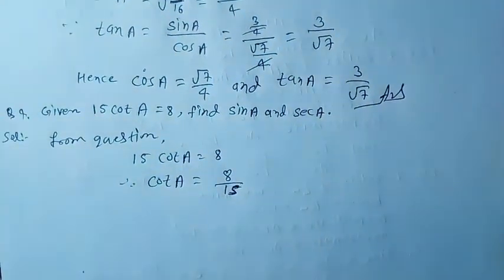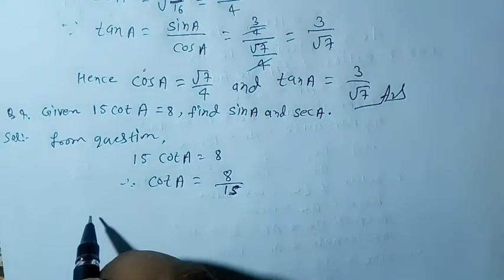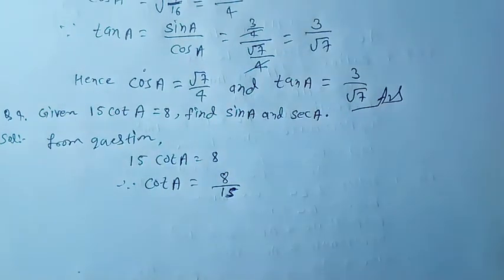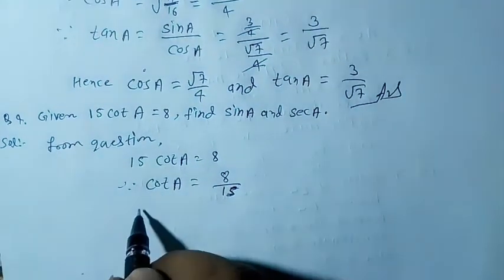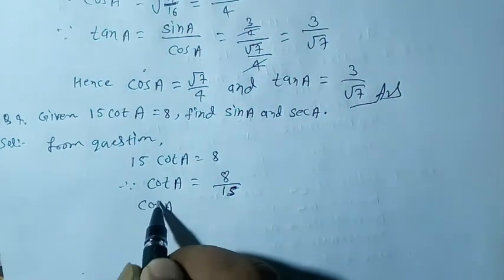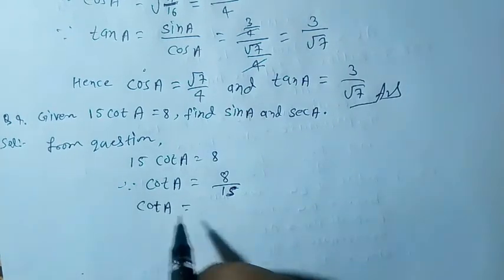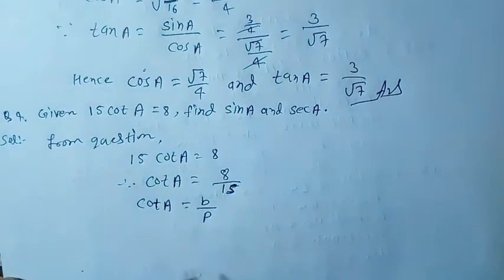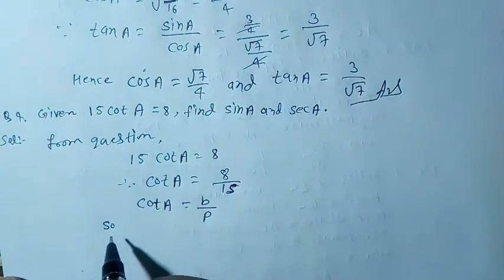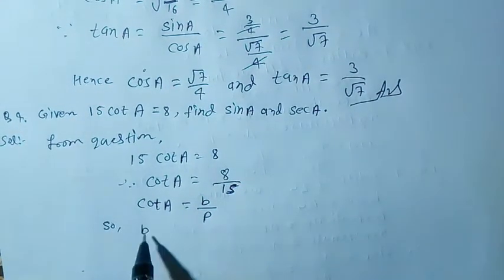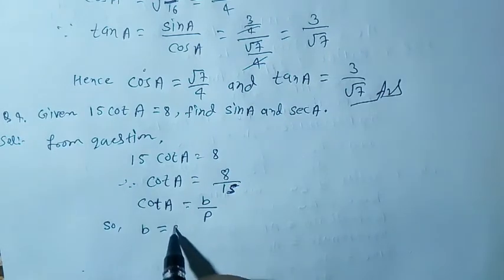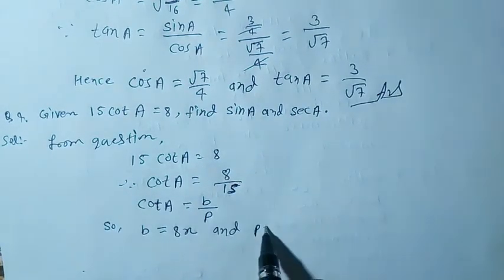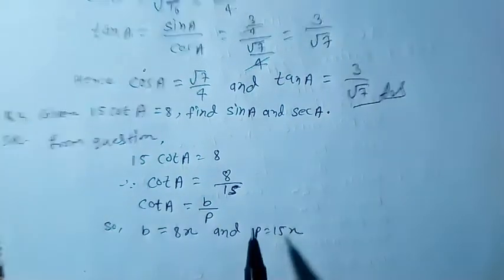Now we know that cot A is equal to base by perpendicular, so base is equal to 8x and perpendicular is equal to 15x.